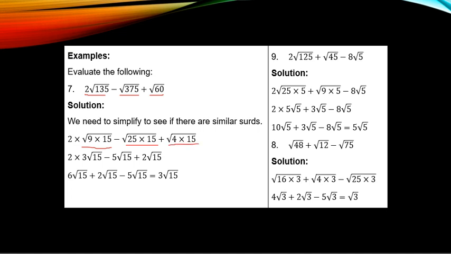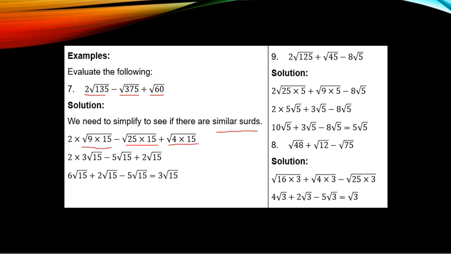Now listen, as you are doing that, bear in mind that what you are looking for is a similar surd, because in 60 you can actually have 5 times 12. But if you look inside 12 again, 4 is there as a perfect square.